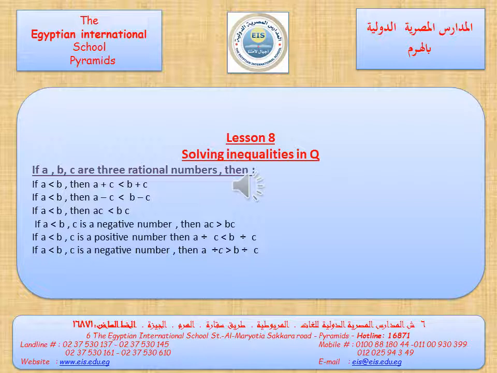And if A is less than B and C is a positive number, then A divided by C will be smaller than B divided by C, as it is, didn't change. But if A is less than B and C is a negative number, the sign will be replaced also from smaller than to bigger than.